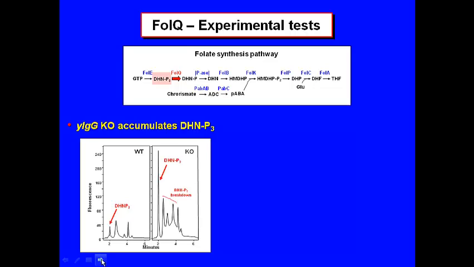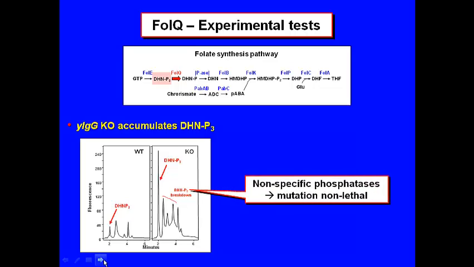These actually include the monophosphate, because what happens is when this accumulates, non-specific phosphatases kind of take over, and you get a kind of messy reaction that gives you a little bit of the product. So this mutation is actually not lethal. The cells are depleted in folate, but they're still alive because it can kind of make it through with non-specific reactions.